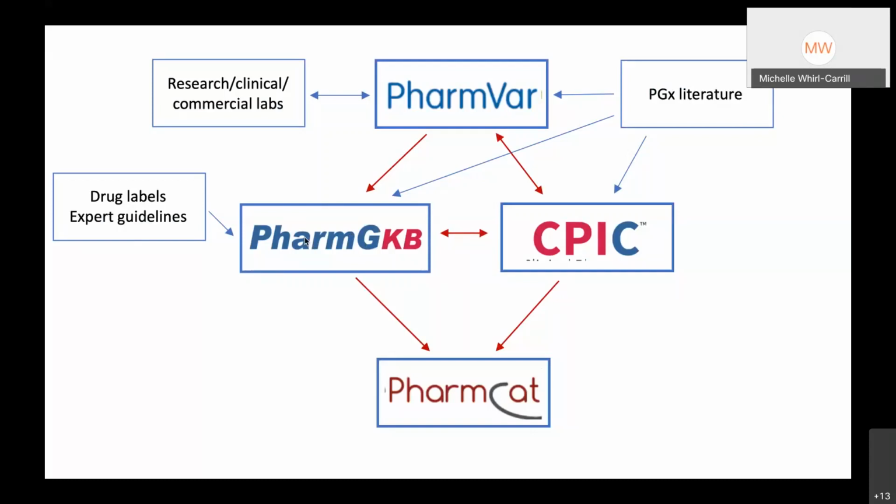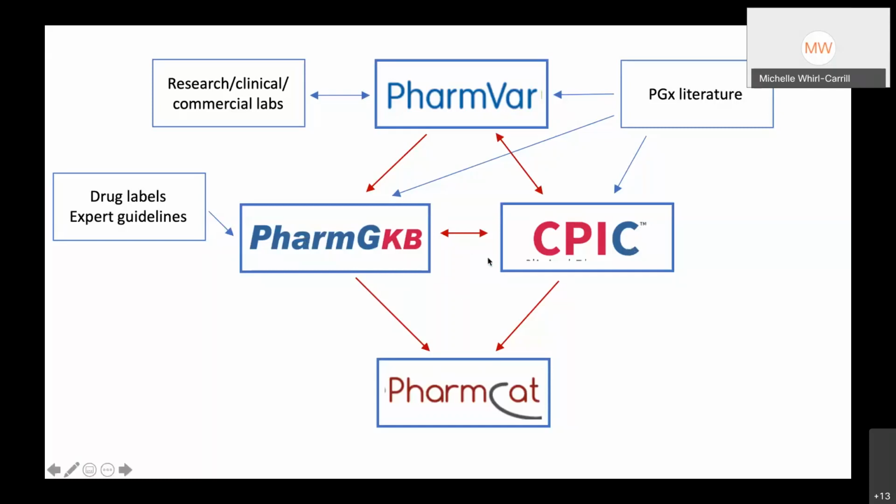Like, for example, patients with this genotype might experience toxicity or lowered efficacy or whatever with this drug, and we can show you all the evidence we have behind that statement. But CPIC is the expert group that gets together and writes actual guidance for clinicians about if you have a patient with this genotype, we recommend you do this.